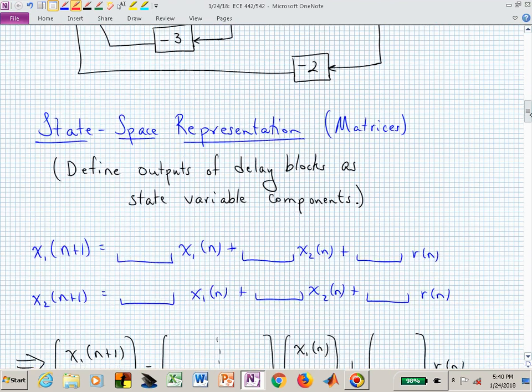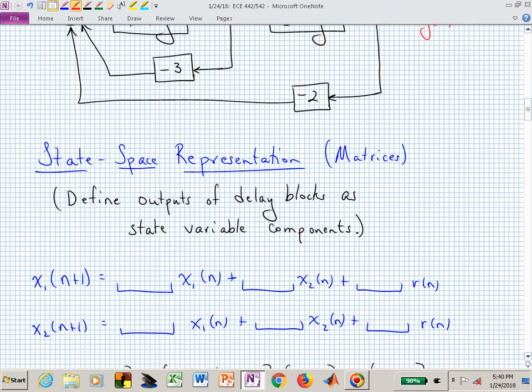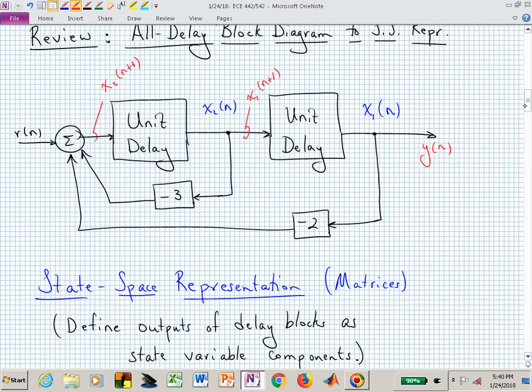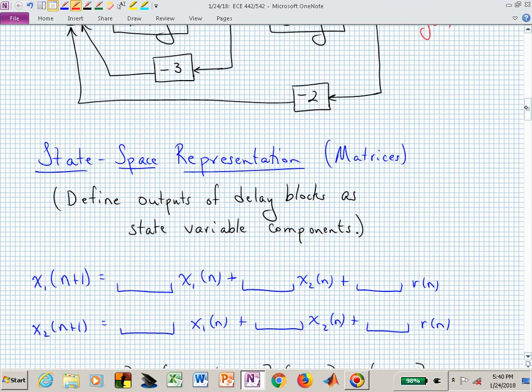But maybe before we get to the matrices, we write it out. In this case, what is x sub 1 of n plus 1? And we want to write it in terms of states at the time index n and the input at time index n. We don't want any delayed versions of the argument or advanced versions of the argument. They have to be at n.